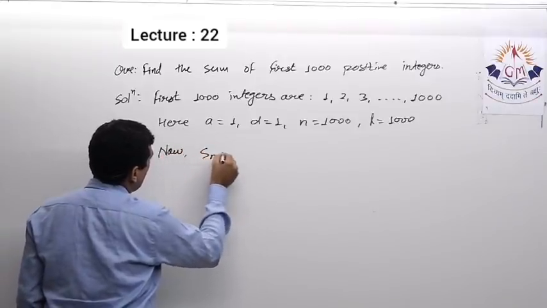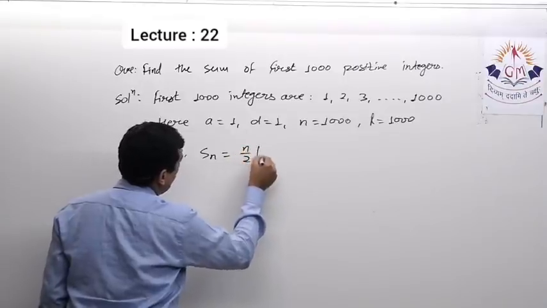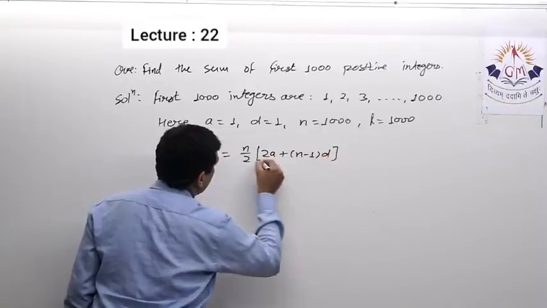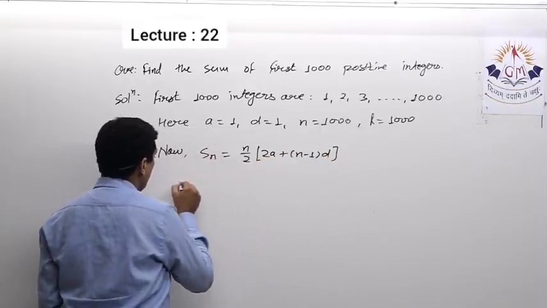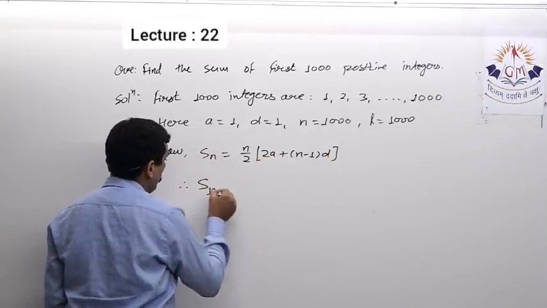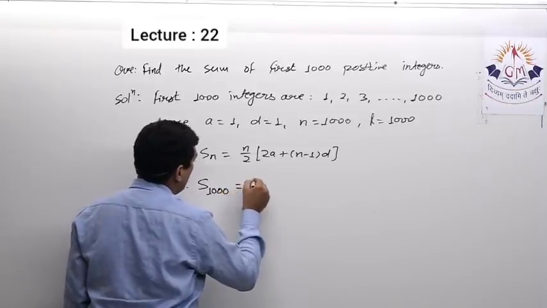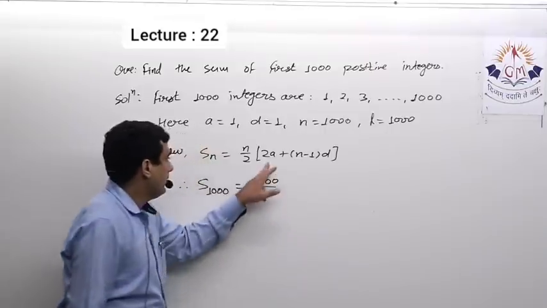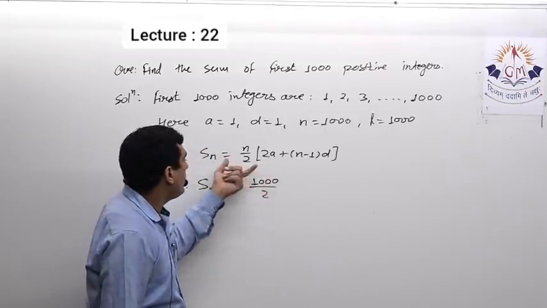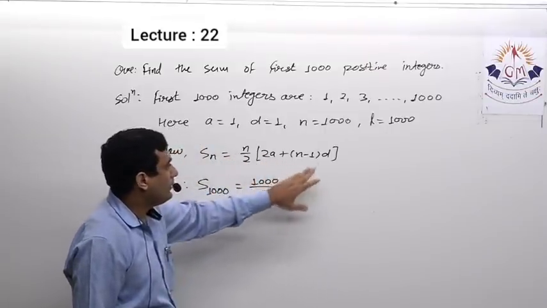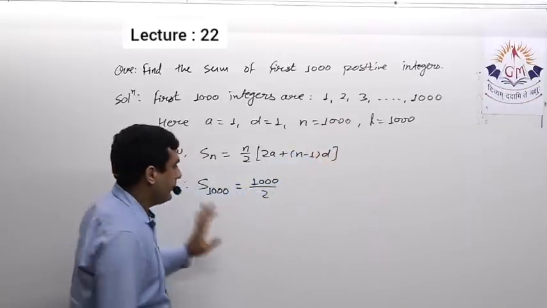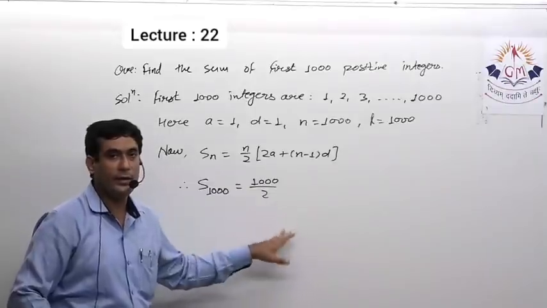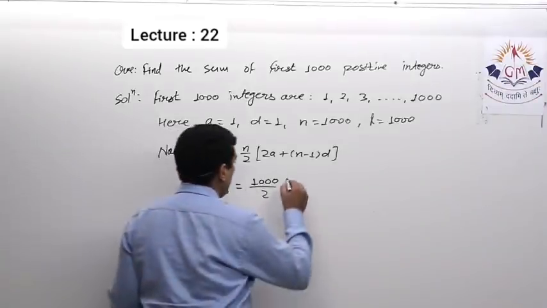Now Sn is equal to n by 2 times 2a plus n minus 1 into d. Okay, so S1000, the sum of first 1000 integers, is 1000 by 2. See, there are two ways. As I told you, there are two formulas. If you know the last term, we can use the second formula as well, but I will give you the solution with both the formulas so that we can check whether we are getting the same answer or not.